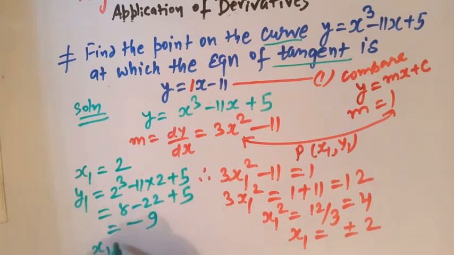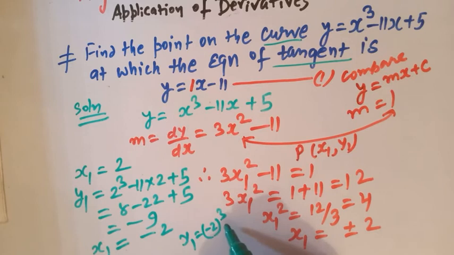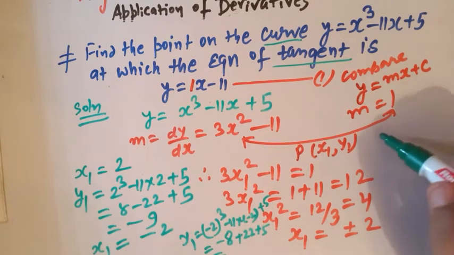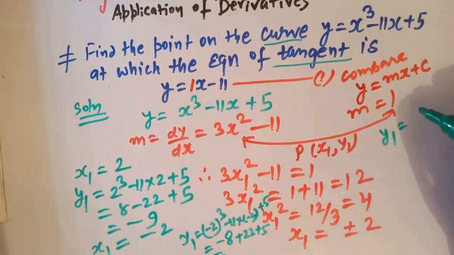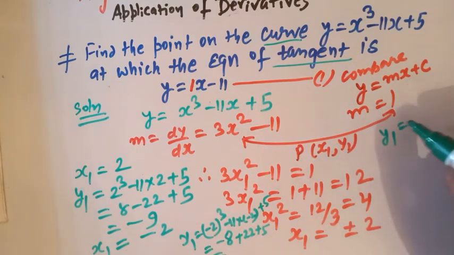And when x1 is −2, then y1 = (−2)³ − 11 × (−2) + 5. So we have here −8, plus 22, plus 5. So y1 is 22 + 5 = 27, minus 8, that is 19.